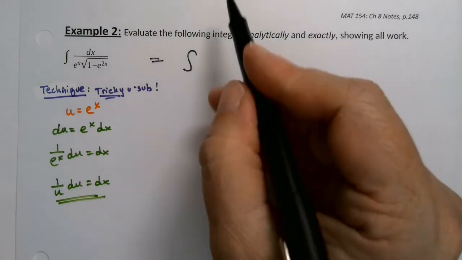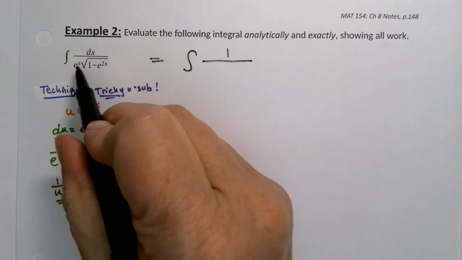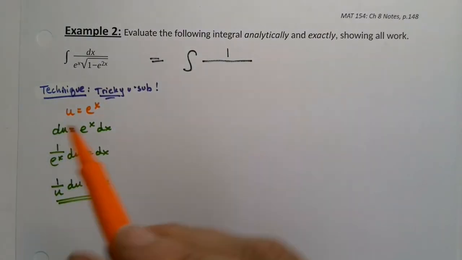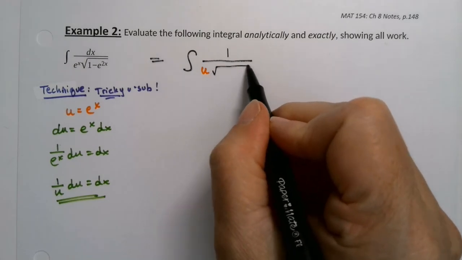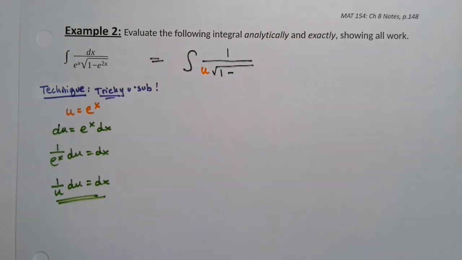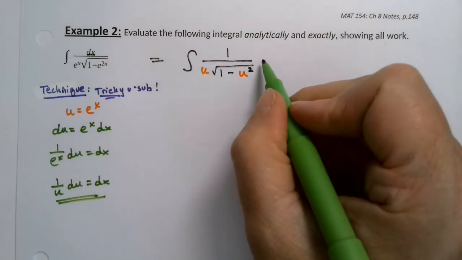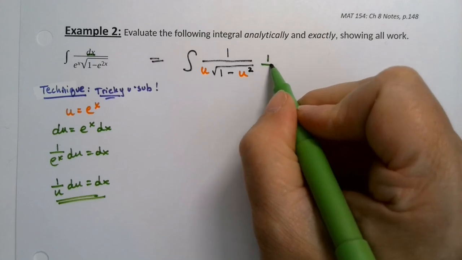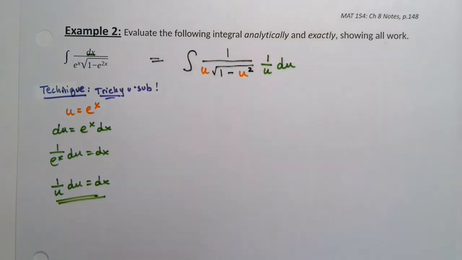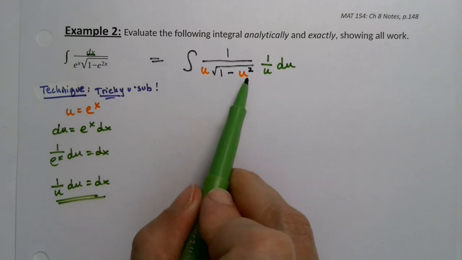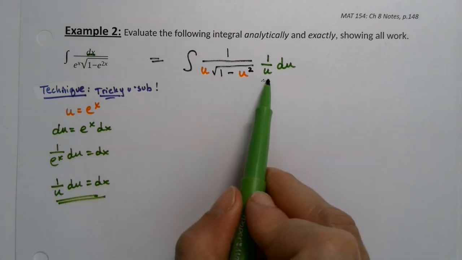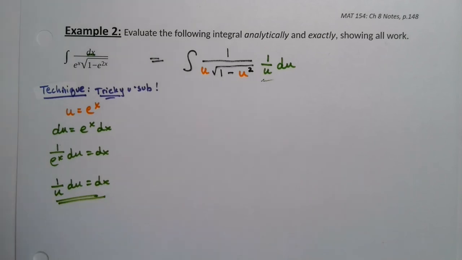Let me go 1 over that e to the x is u, and then square root 1 minus u squared. And then dx is going to be written as 1 over u du, right? So there's your e to the x, there's your square root 1 minus e to the 2x, and there's your dx right there. Oops, sorry, I wrote on the paper.